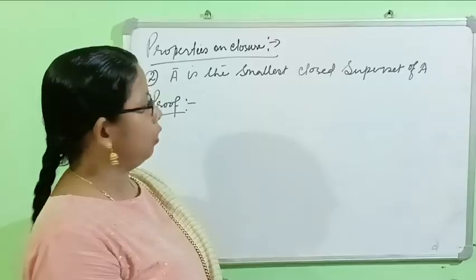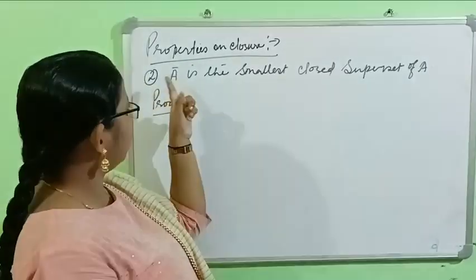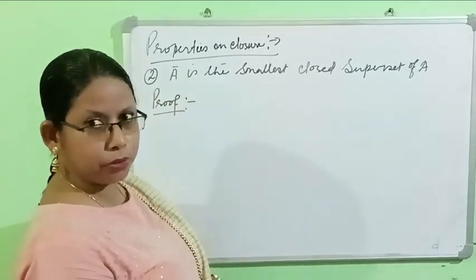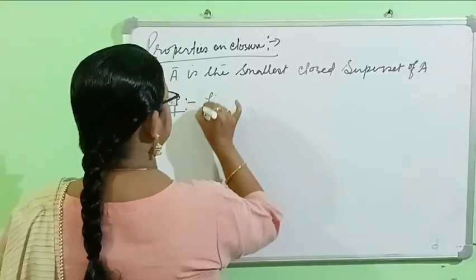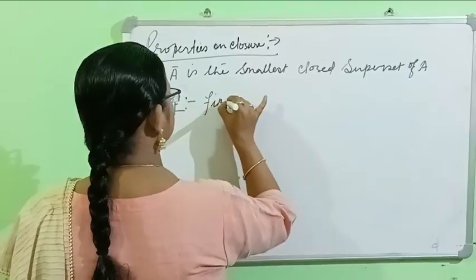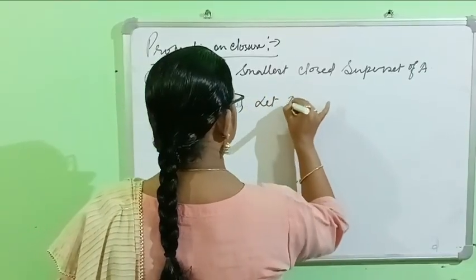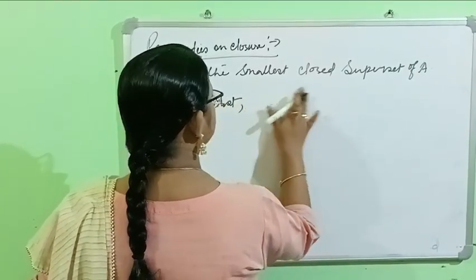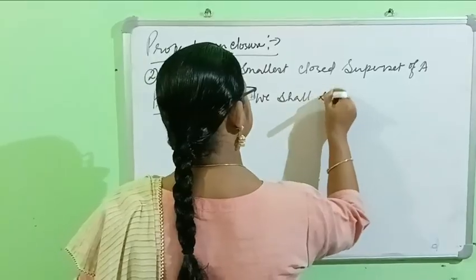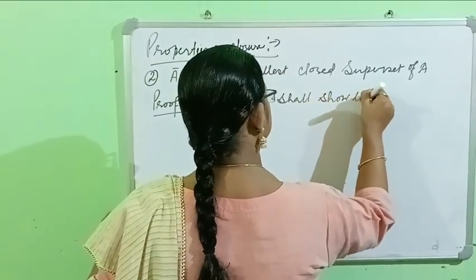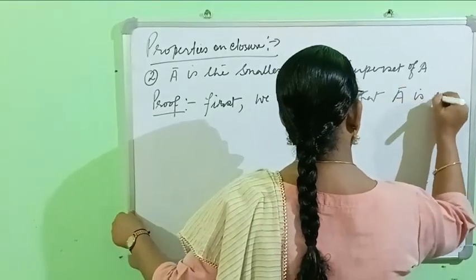First, we will show A closure is closed. Then we will show that A closure is the smallest closed superset of A. First we shall show that A closure is closed.